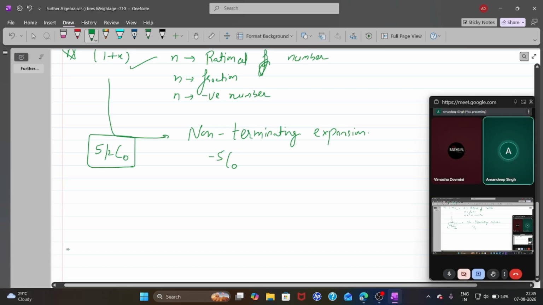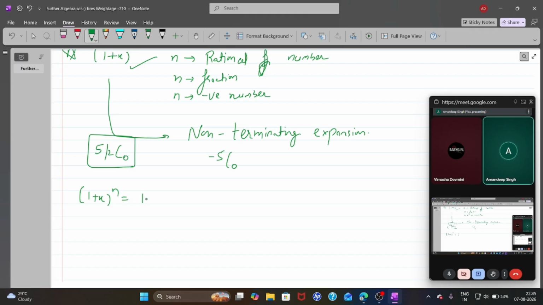So what formula do we have to use to expand the expansion? We have one formula, which is 1 plus nx plus n(n minus 1) over 2 factorial x squared plus n(n minus 1)(n minus 2) over 3 factorial x cubed, and so on.